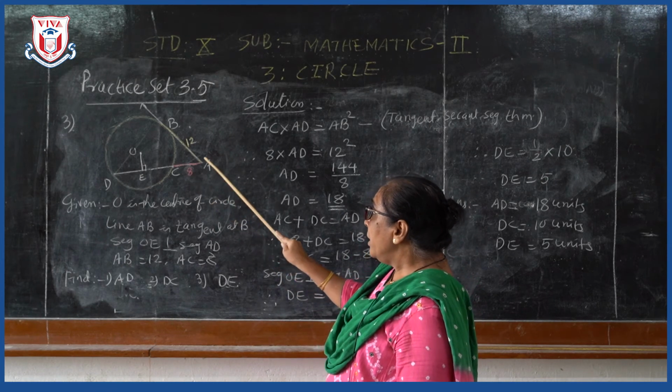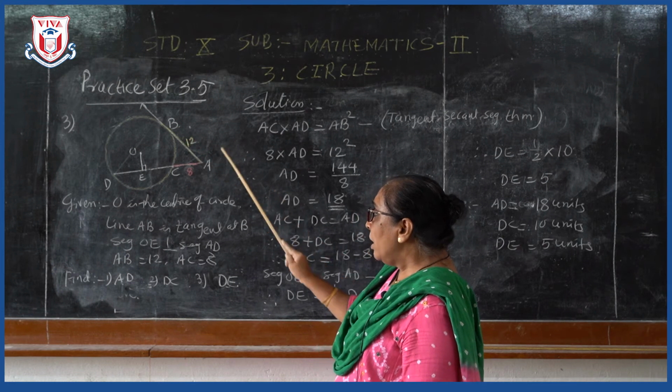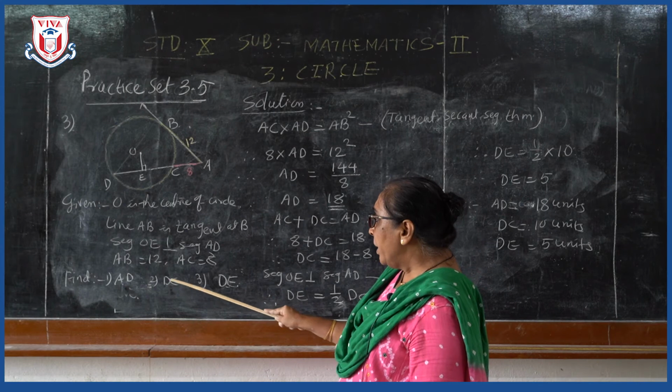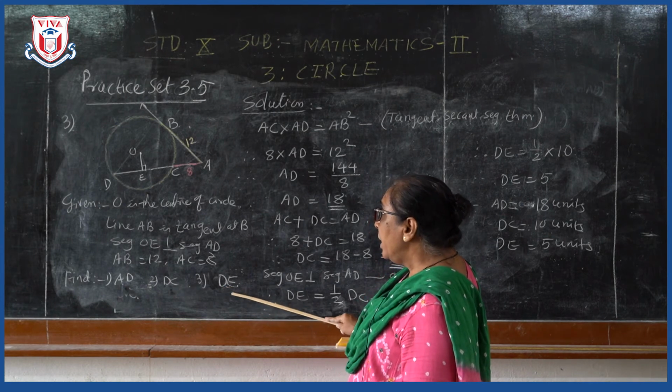AC is given 8, AB is given 12. We have to find the length of segment AD, segment DC and segment DE.